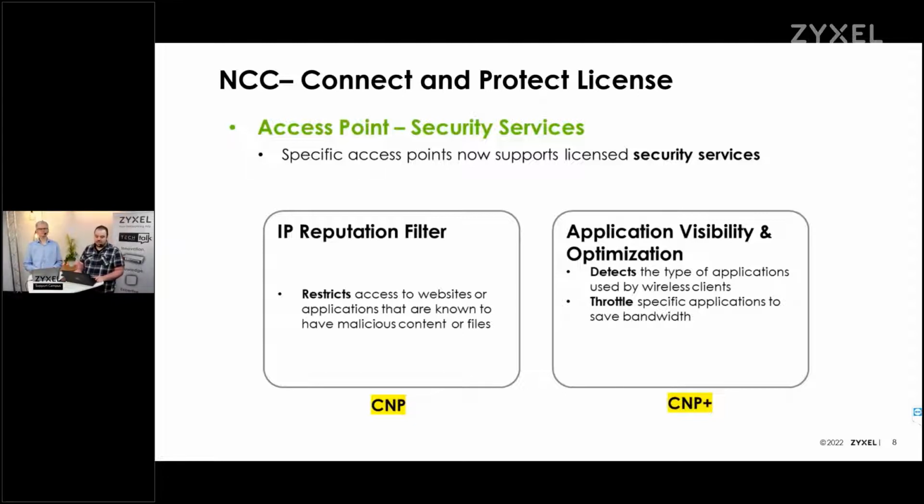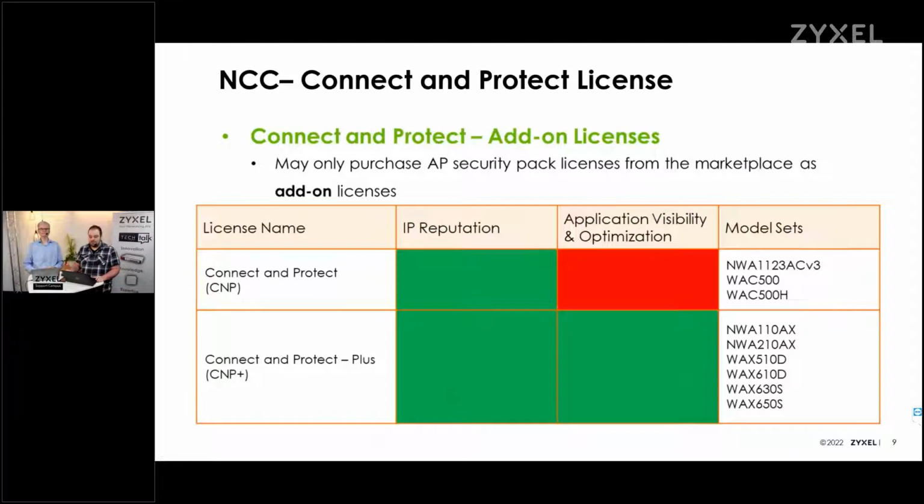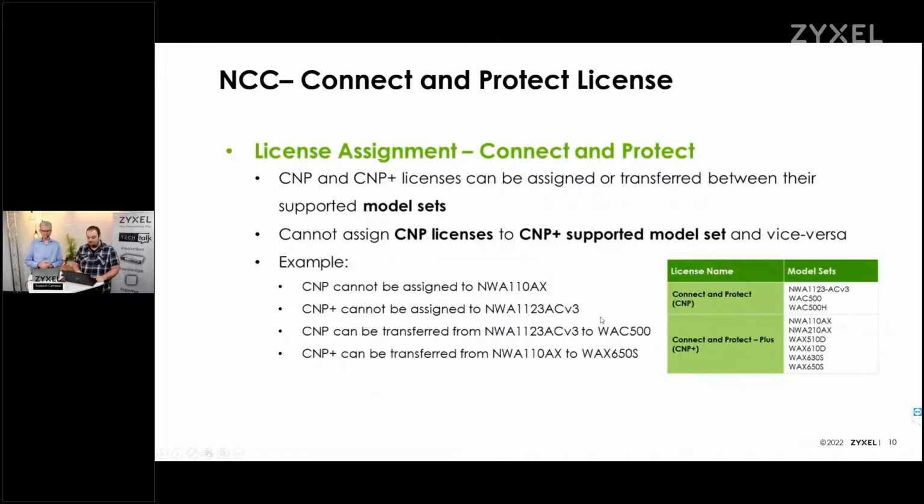So the licenses are as follows. The CNP license is available for 3 models, and the CNP Plus license, which includes both tools, is available for the AX model series. And from here, we cannot cross-assign these licenses.